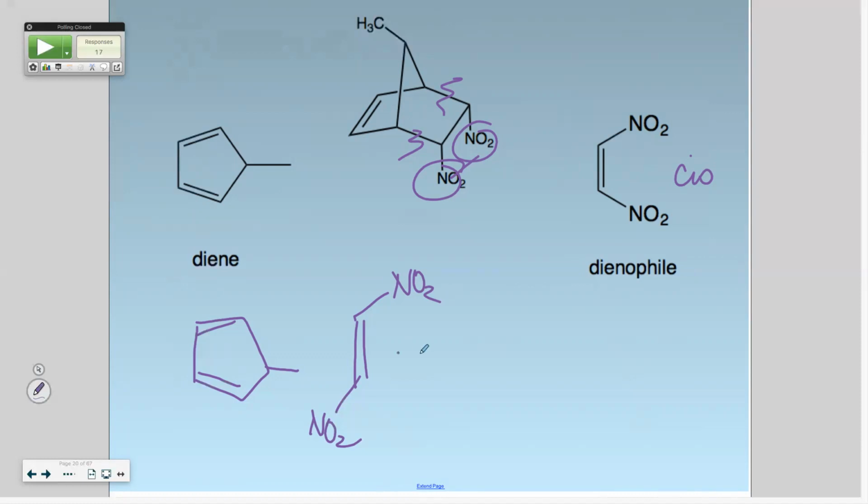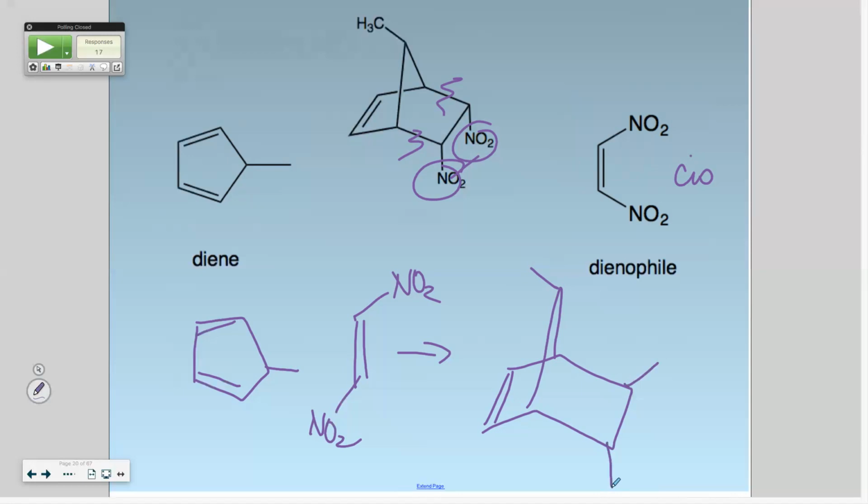How you doing on drawing them? Have you tried yet? There's that methyl group since we were trying to keep it the same. Then I'm going to have one up and one down.